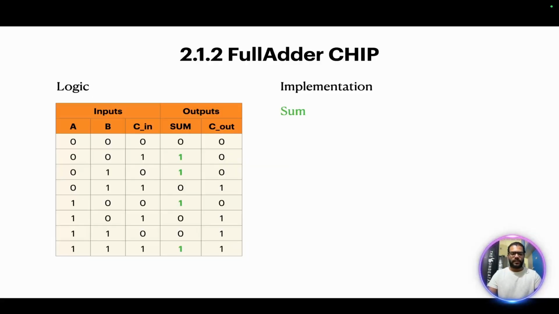Let's look at the sum first. We have a method where we look at the outputs where the sum is 1, look at the inputs, and try to figure out the Boolean logic. So here, wherever sum is 1, we look at A, B, C, and if A is 0 we take it as A dash, and if it is 1 we just consider A. So the first row becomes A dash, B dash, and C in, because A is 0, B is 0, and C in is 1.